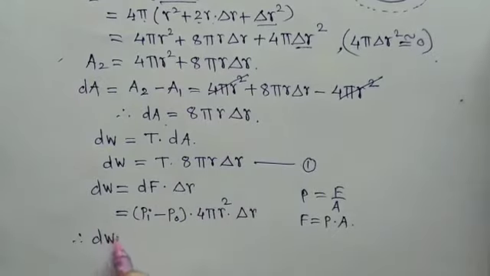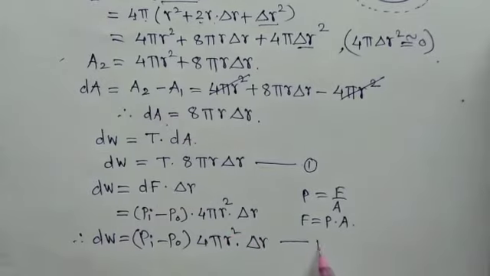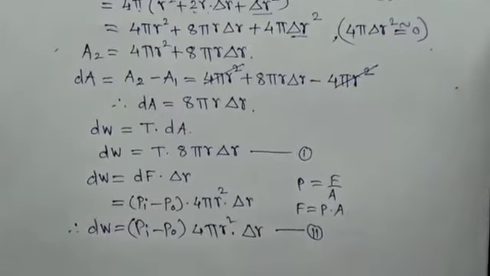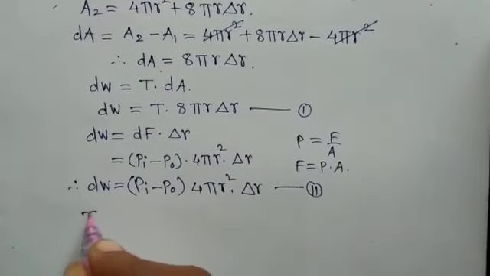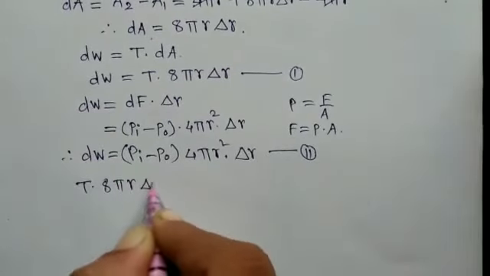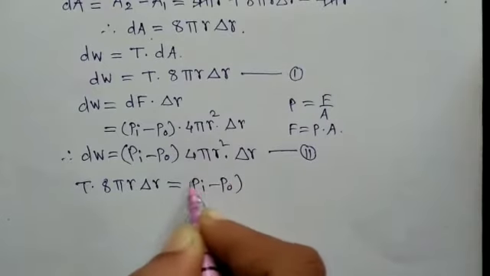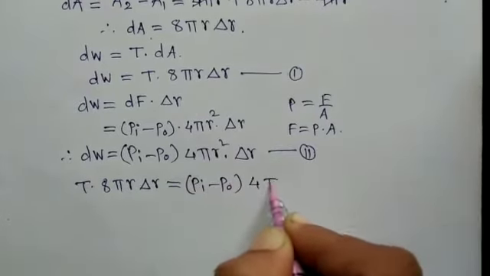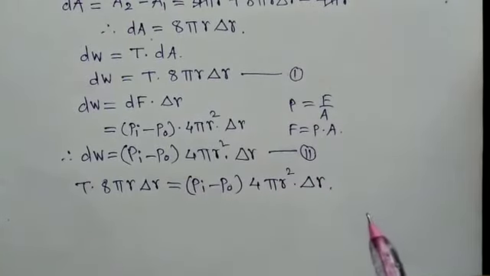Therefore dW is equal to (Pi minus P0) 4 pi r square delta r. It is equation 2. Now equating equation 1 and 2: T into 8 pi r delta r is equal to (Pi minus P0) 4 pi r square into delta r.